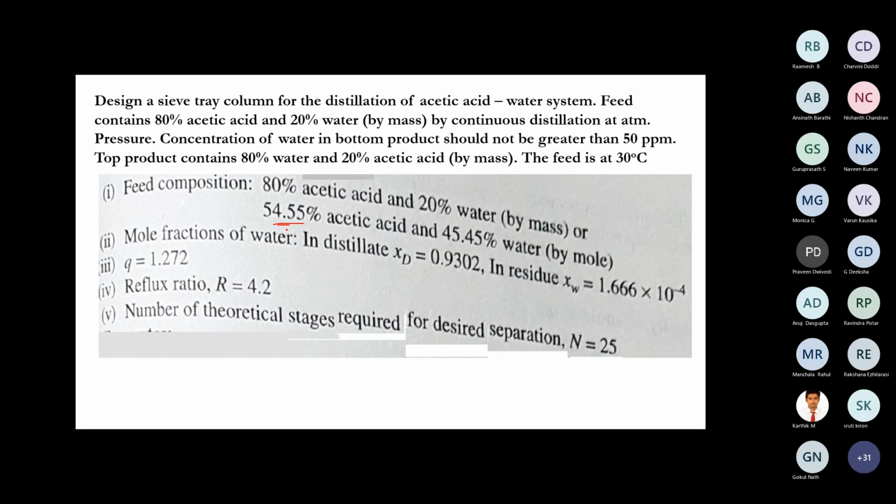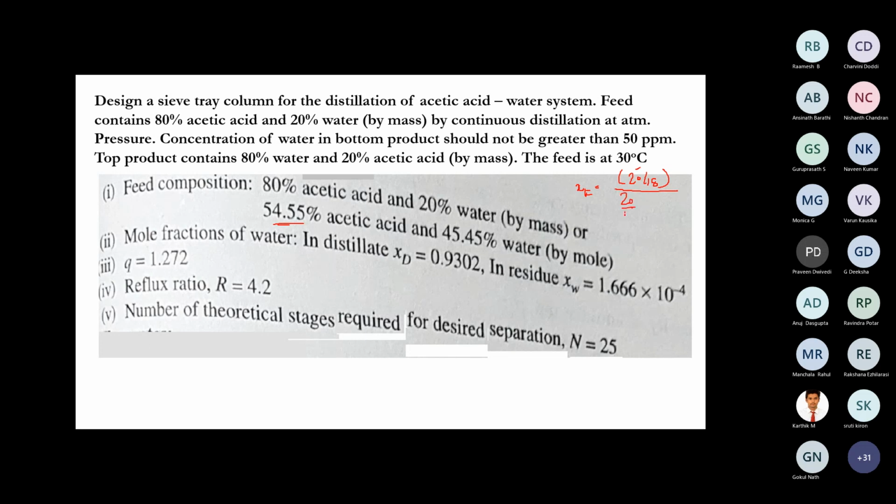So how will you get this? This XF, the mole fraction of water in feed, you can calculate as 20 by 18. This is 20% water by mass, and 18 is the molar mass of water.